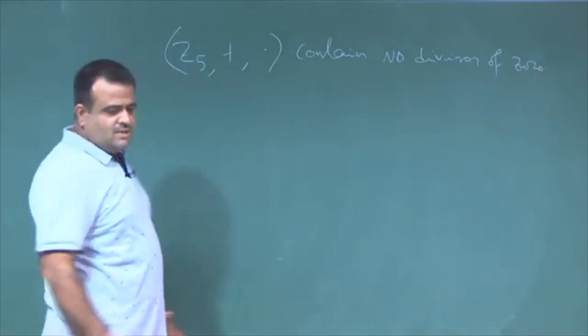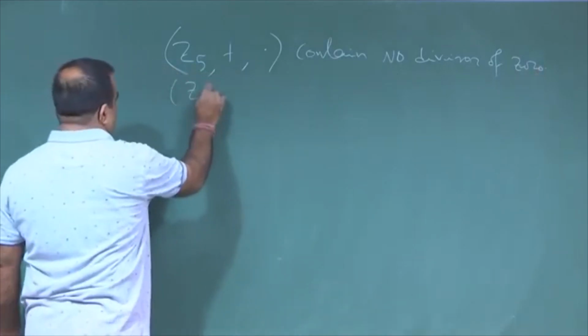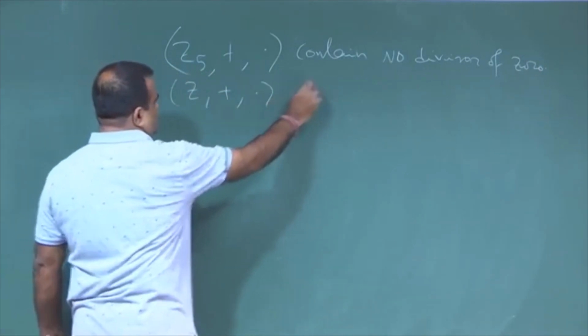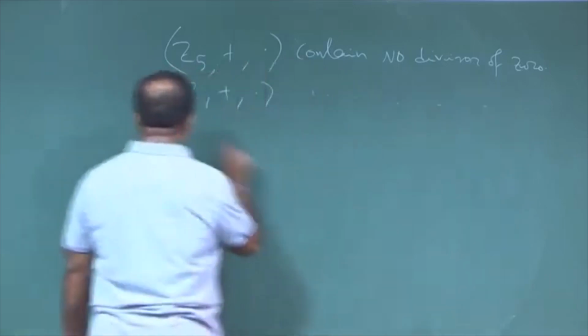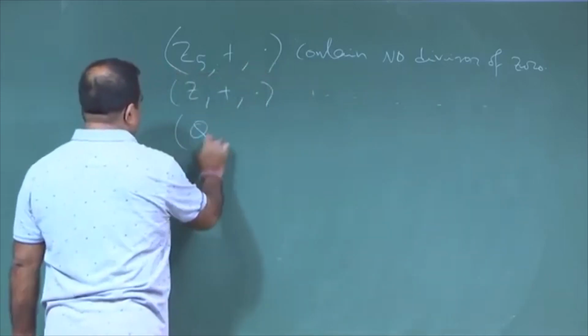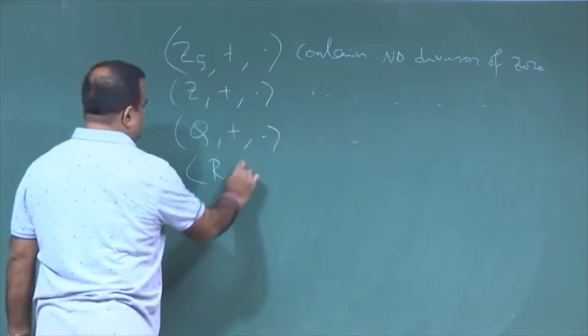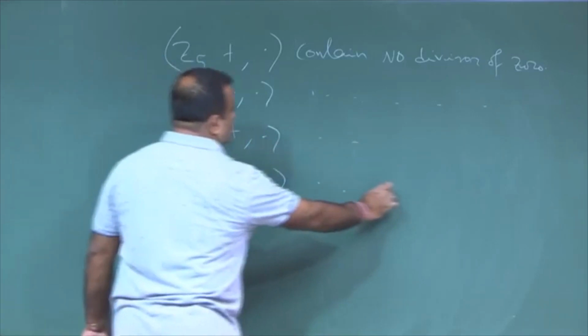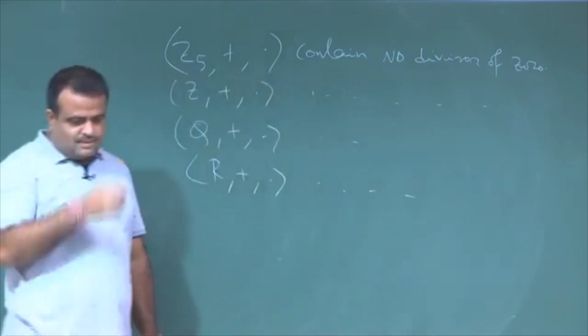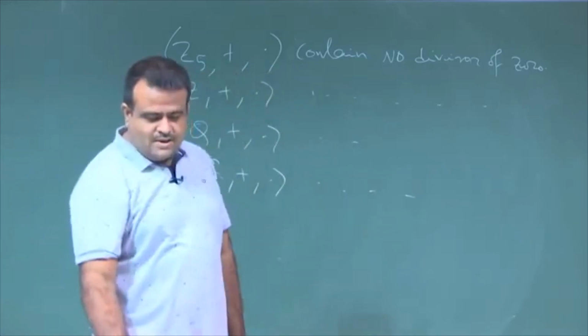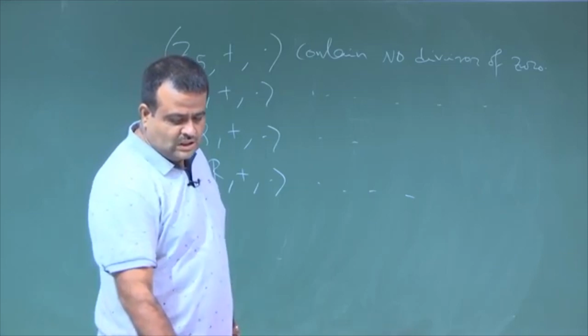Similarly, the set of all integers also contains no divisor of 0. Q also has no divisor of 0. So, these are the examples where there is no divisor of 0.